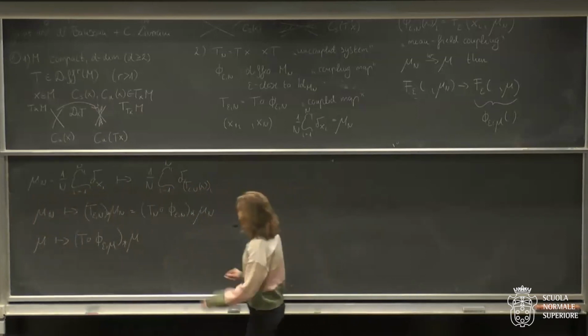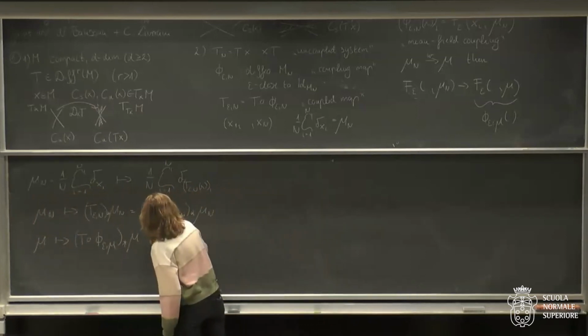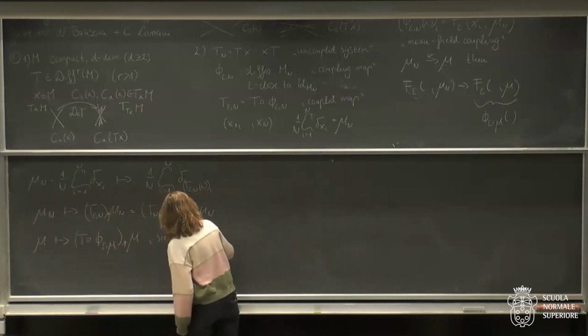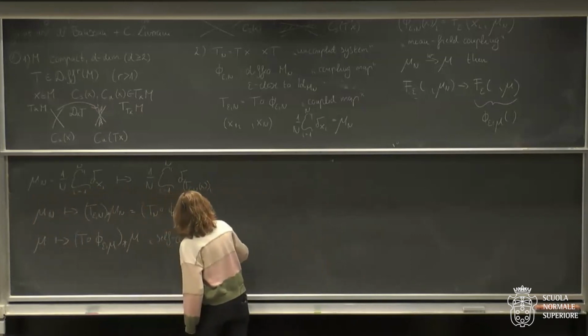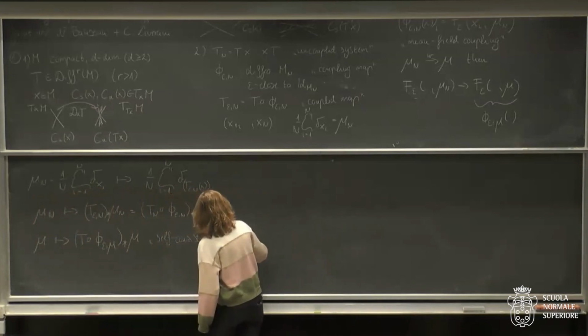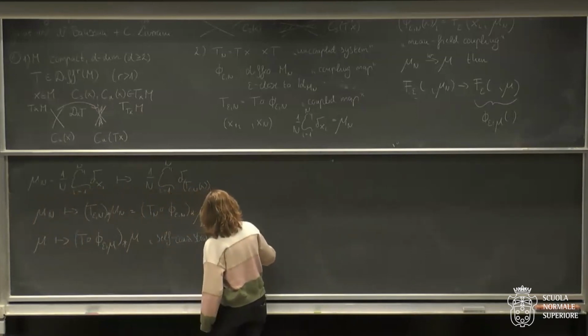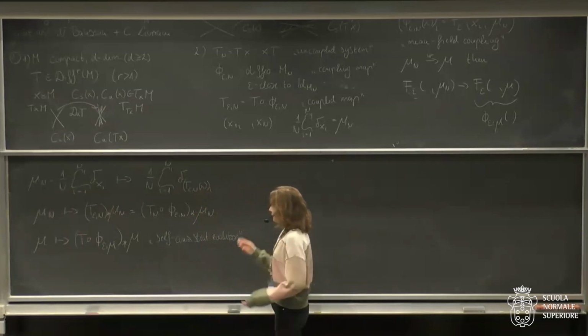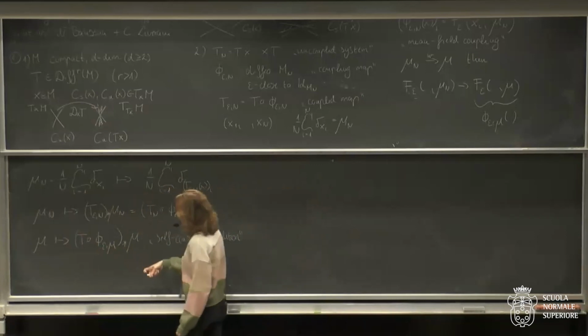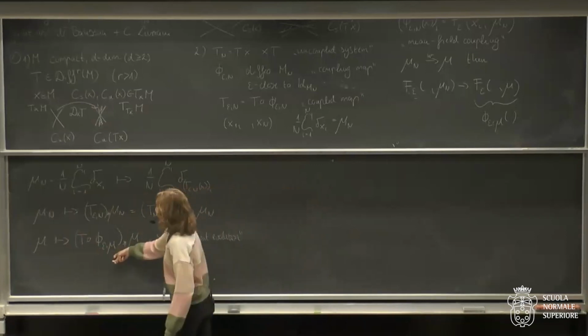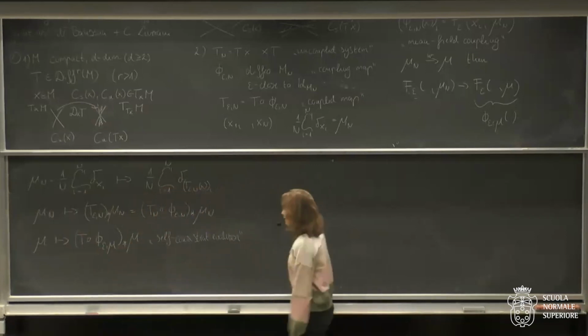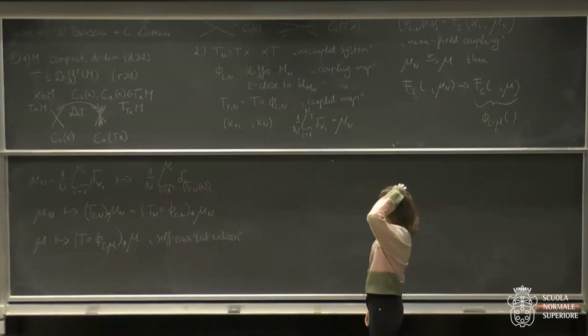And this is what people call a self-consistent evolution. And by self-consistent, we only mean that the map by which we are pushing forward mu contains mu. So this is all what self-consistent means in our sense.